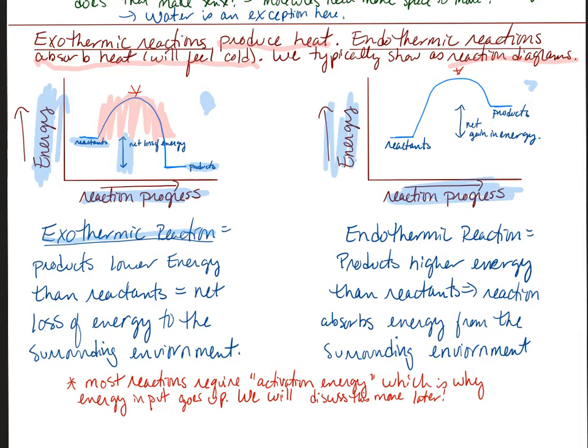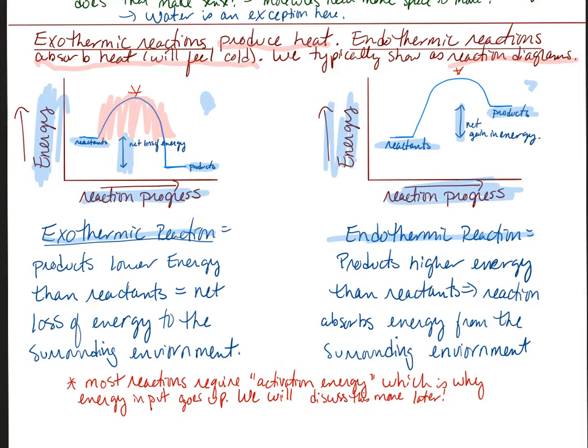Now, on the other hand, you could have different types of endothermic reactions. And here's the difference. The reactants start off at an energy level that's lower than what the products have. And that means that there is a net gain in energy of those materials.